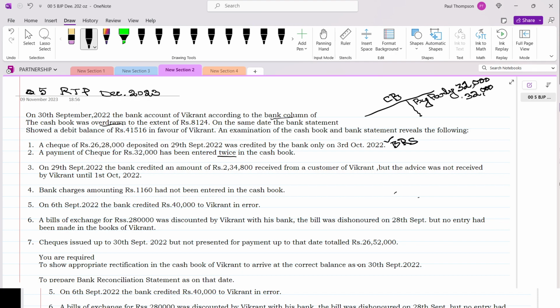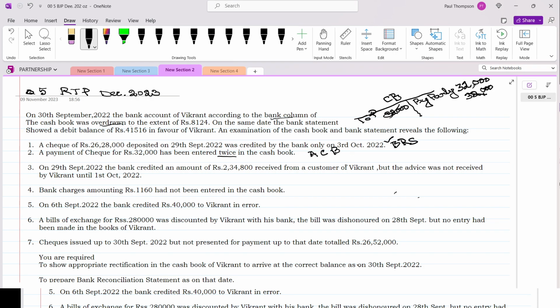In our book, we did it. So we means I am taking it Vikrant. So now in order to cancel this one, we have to debit that amount. Automatically that will get cancelled. So this will be to party account. Okay. So this will go to our adjusted cash book.